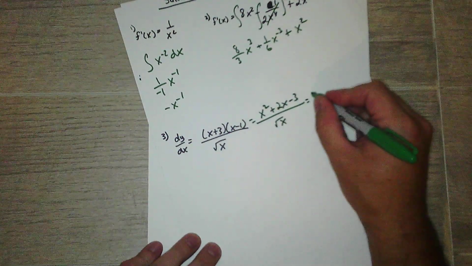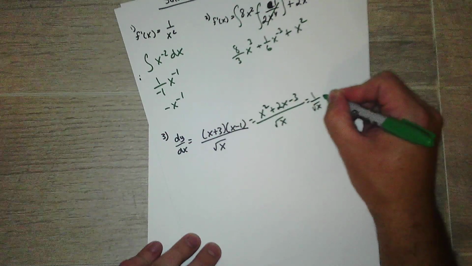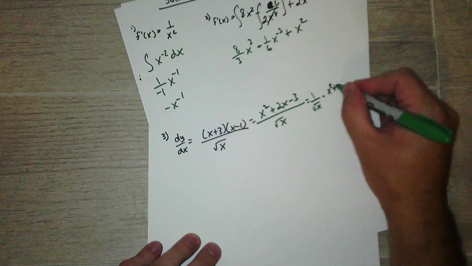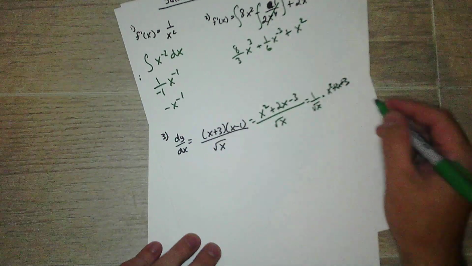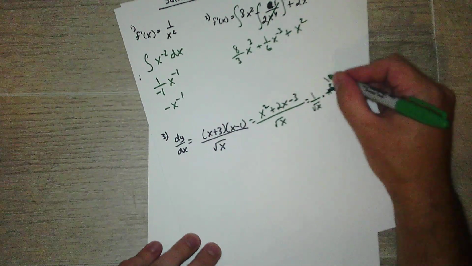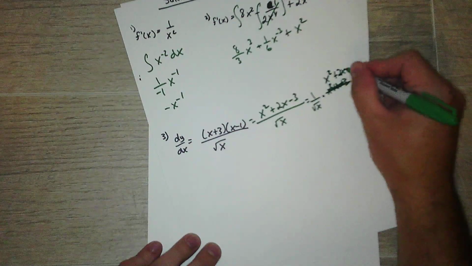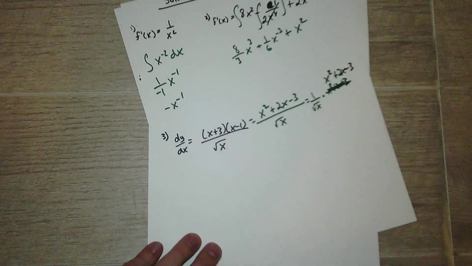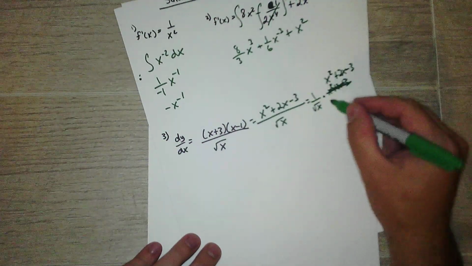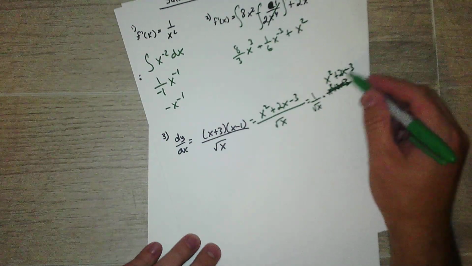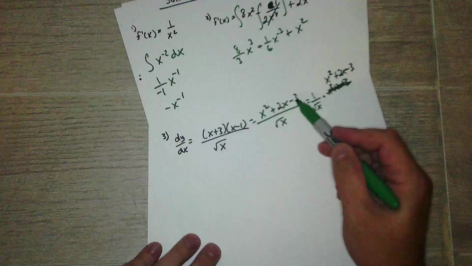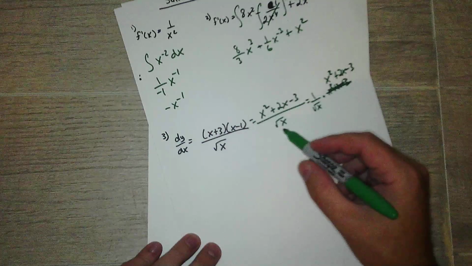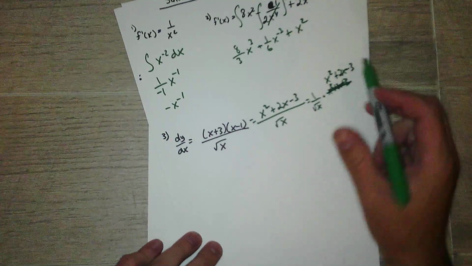I can rewrite this as 1 over square root of x times x squared plus 2x, minus 3. Basically I can integrate this one, multiply it by the integration of this. It's just like how you do each of these terms separately. And that's all this is, just another term, but it's being multiplied rather than added or subtracted.